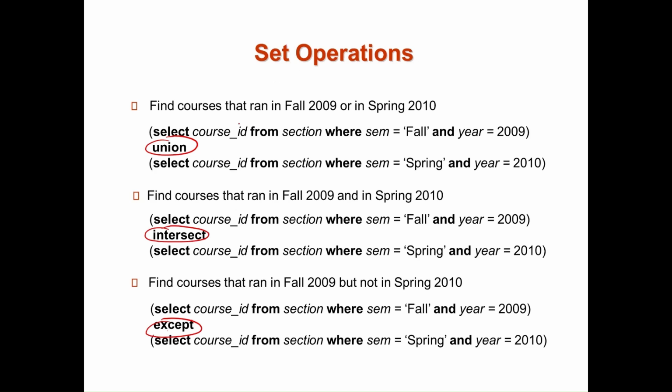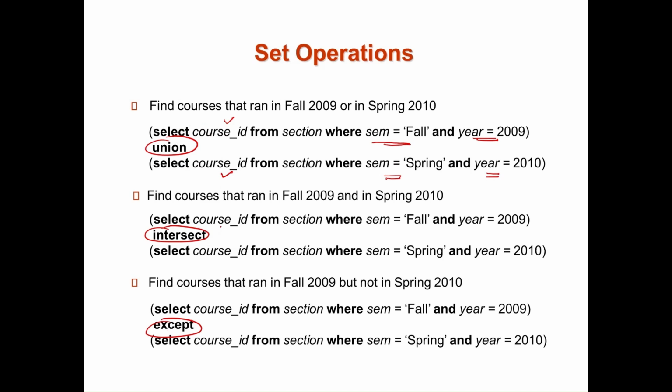Union means it selects all the course IDs which satisfy the condition where semester is equal to fall and year is equal to 2009, and where semester is equal to spring and year is equal to 2010. All the course IDs from this result and from this result, it will union and show you the result.